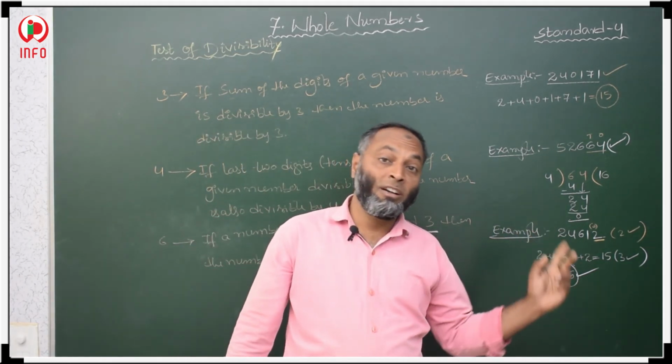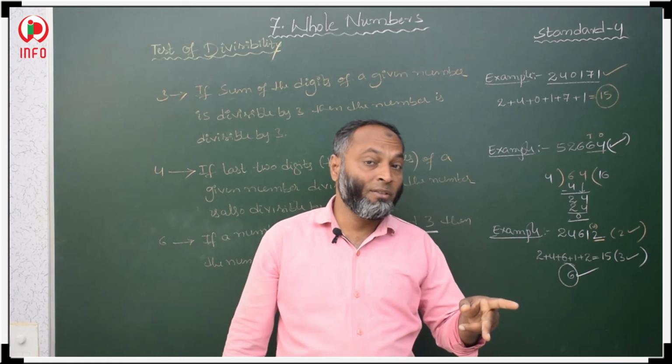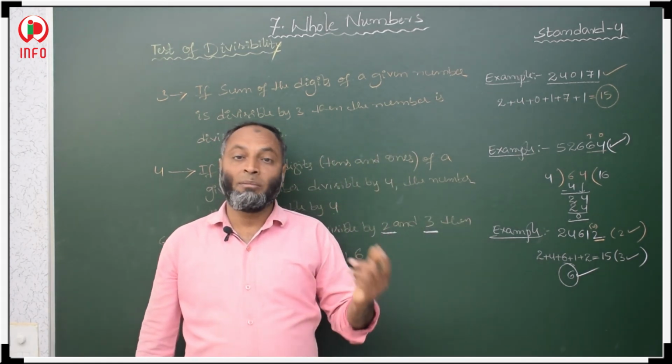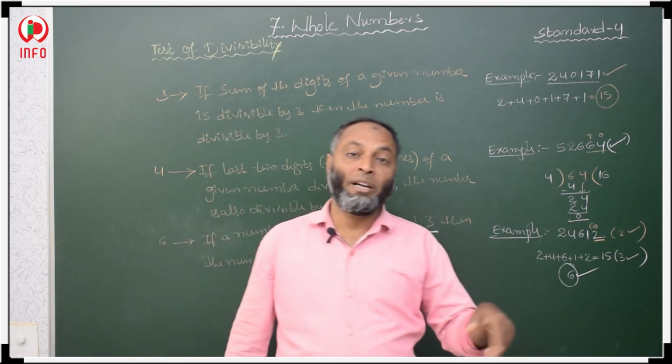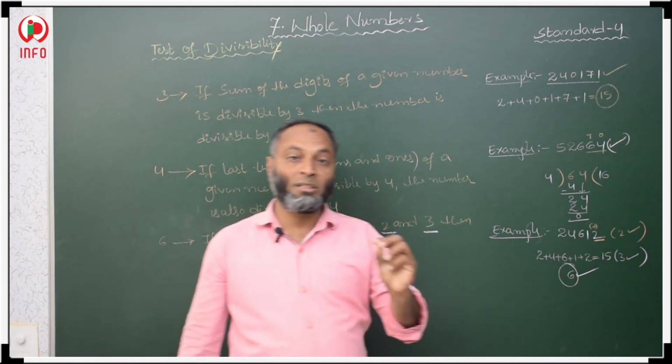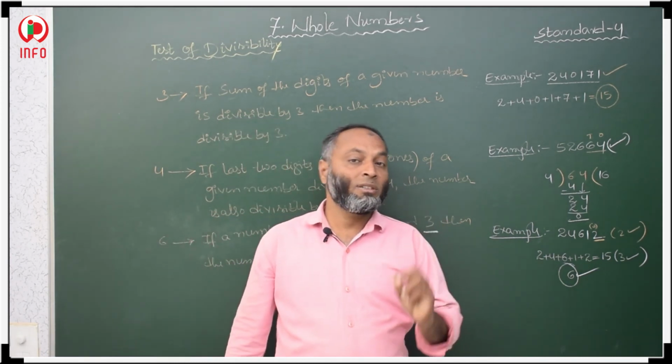If a number is not divisible by 2, then it is not divisible by 6. If a number is divisible by 2 but not by 3, then also it is not divisible by 6. The two conditions must both be satisfied.